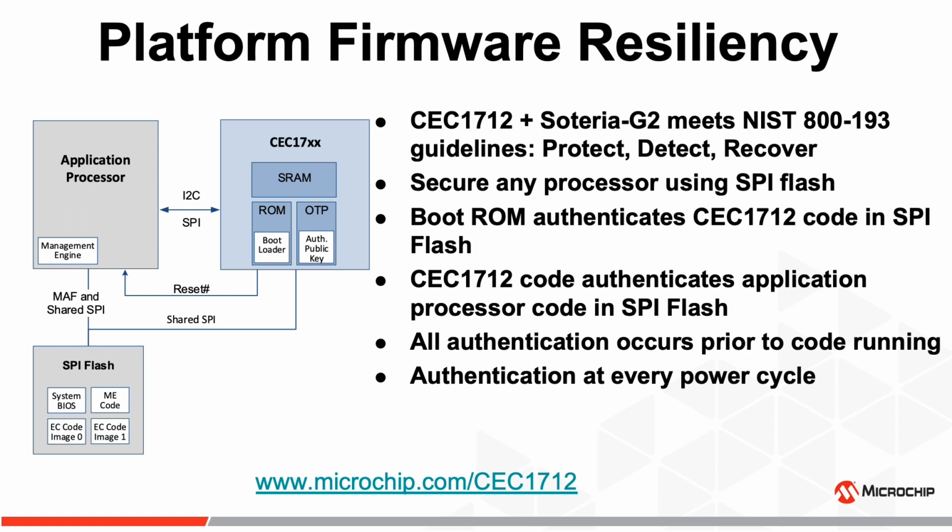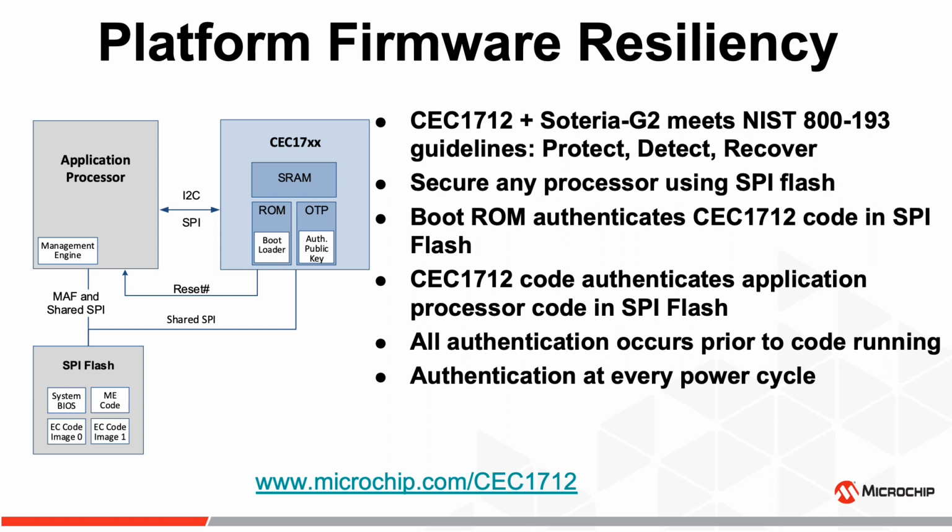So just in summary, Platform Firmware Resiliency has three tenets: to protect the system, to detect when corruption has occurred, and to recover to a known good state of integrity. In the example that we showed you today, the CEC 1712 plus the Soteria G2 firmware together will meet those guidelines to protect, detect, and recover, and they can be used to secure any processor that boots from an external SPI flash.